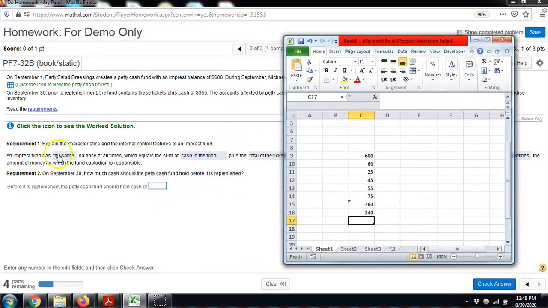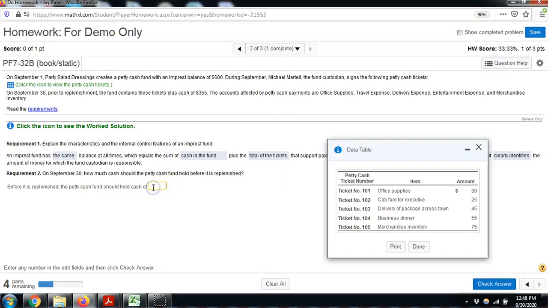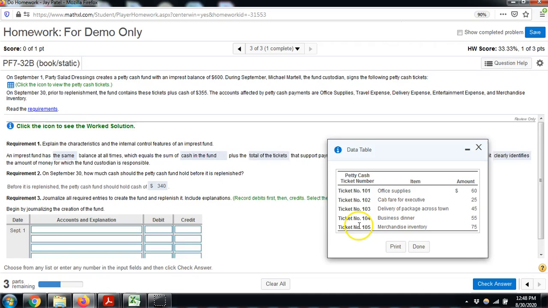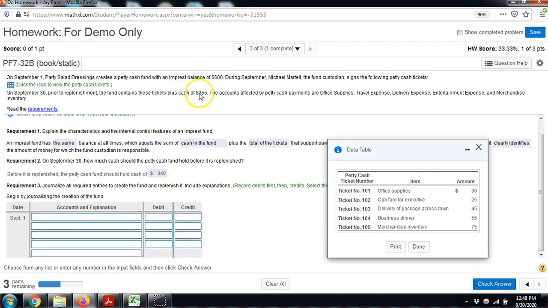Because as our statement above says, the cash in the fund plus the tickets should equal the fund balance, which is $600. So we should have $340 in there. However, it's saying that we have $355, so something happened.